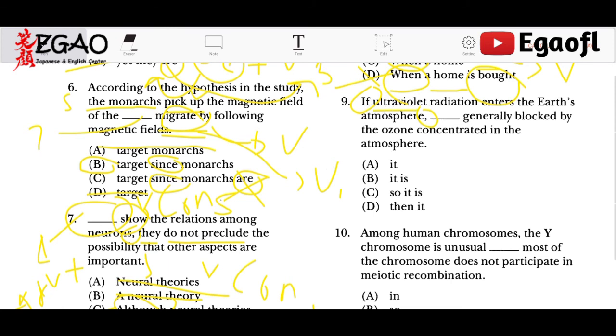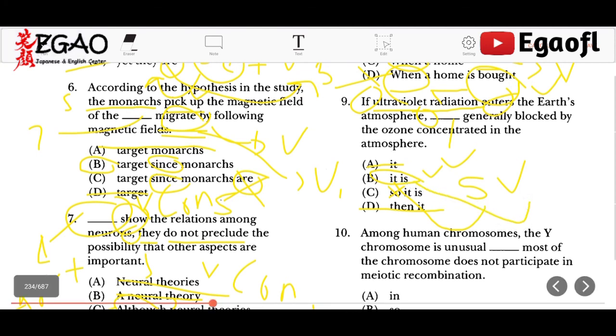Ultraviolet radiation is the subject, enters is the verb, means that this space you need to put S and also V. So just find S and V. It no verb. It is, yes, that's right. So you do not need to put so. Then it, that's incorrect. So the best answer is it is. It as the subject and is as the verb.